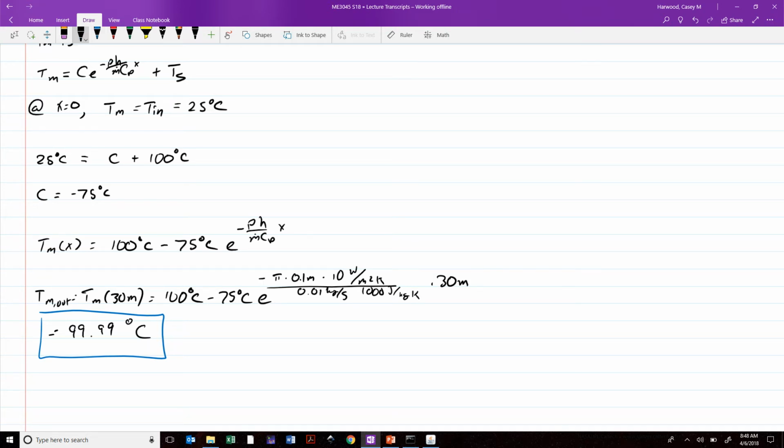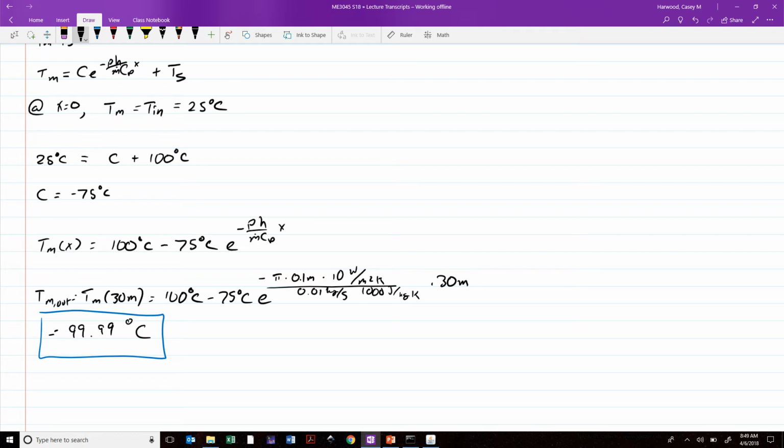Okay. So what this suggests is that for a constant surface temperature, we end up with a fairly large difference where x is smallest, where this quantity here is going to be largest.